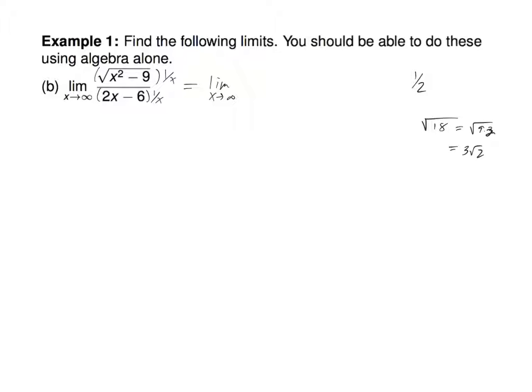The number came out, it got square rooted. To go backwards, it has to get squared, okay? So this becomes root of x squared minus 9, and now that 1 over x is back in the root, it's 1 over x squared. And the denominator is 2 minus 6 over x.